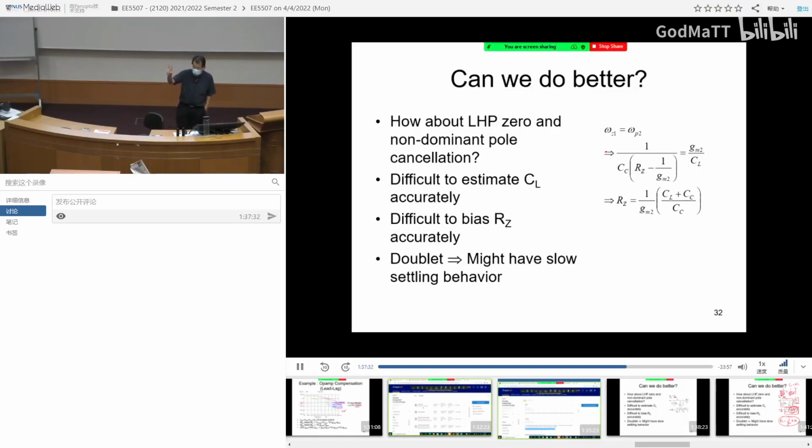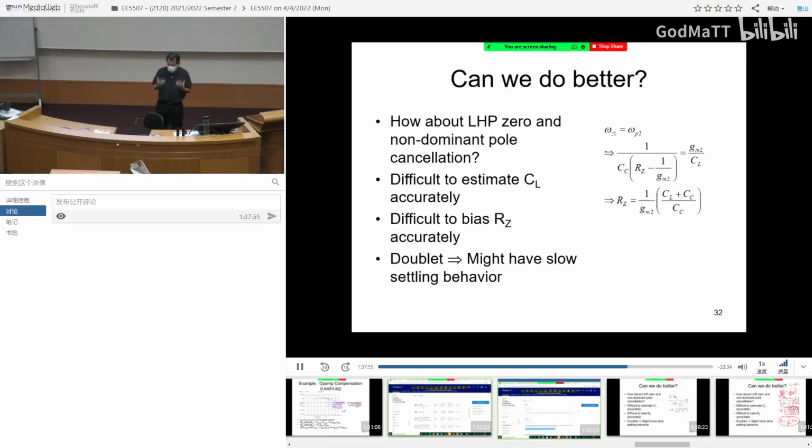Originally, I got two poles. Two poles contribute 180 degrees, right? Because one pole contributes 90 degrees. You have two poles, it contributes 180 degrees. That is the problem that gives rise to the stability issue. Now, if I have one left half plane zero, I can tune the value such that it can cancel away one of the poles.